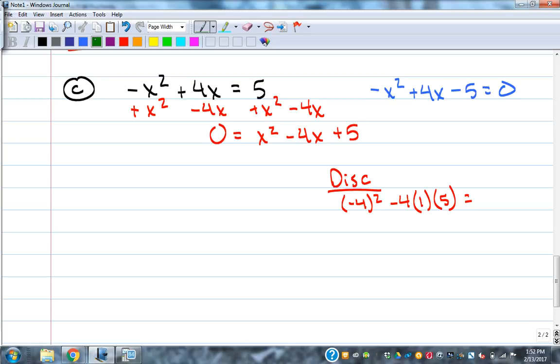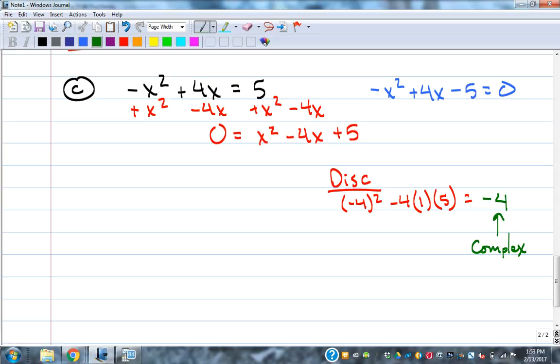We have negative 4 squared, which is 16, minus 20. 16 minus 20 is negative 4, right? Which is a negative number. So that means we're going to have what kind of answers? Complex. So that means we don't have to do the decimal stuff at the end. Okay, we just need to get our answers in complex number form.